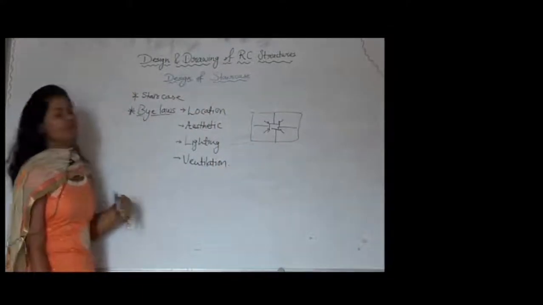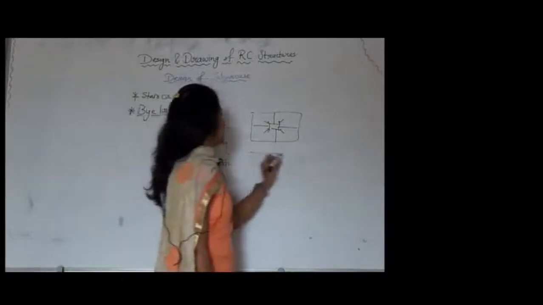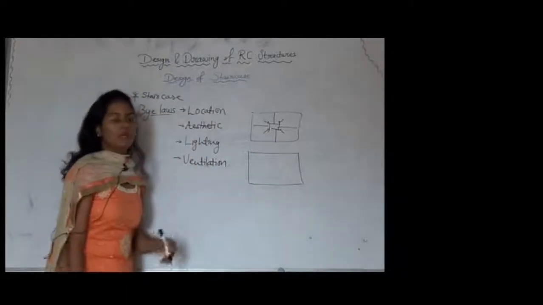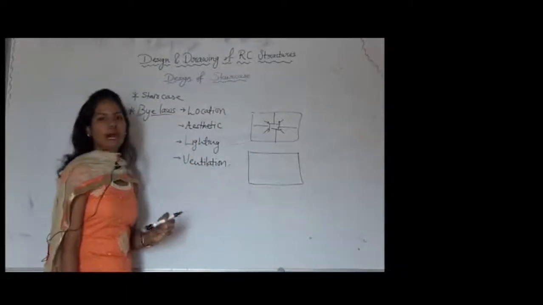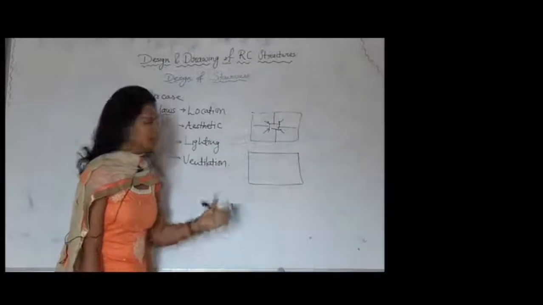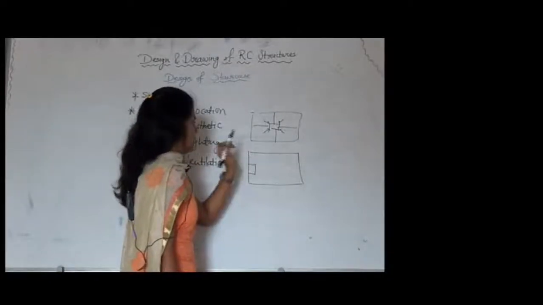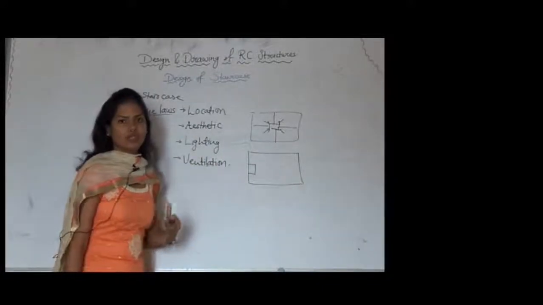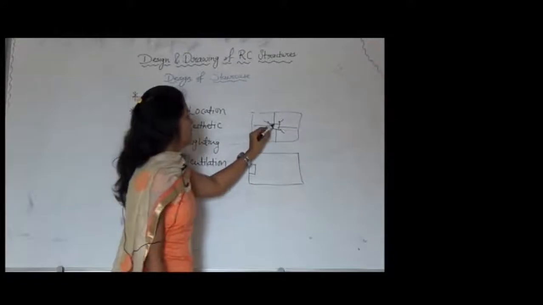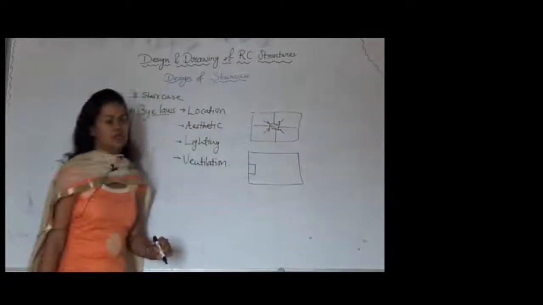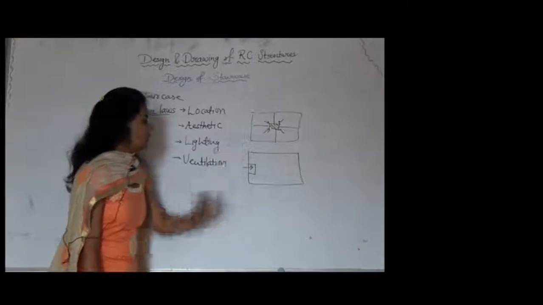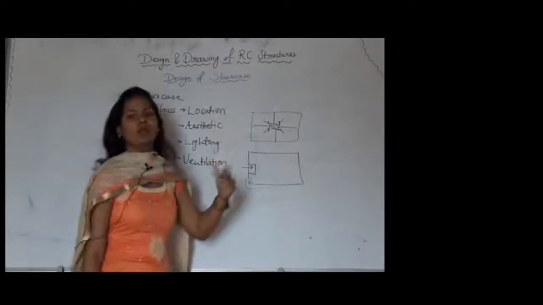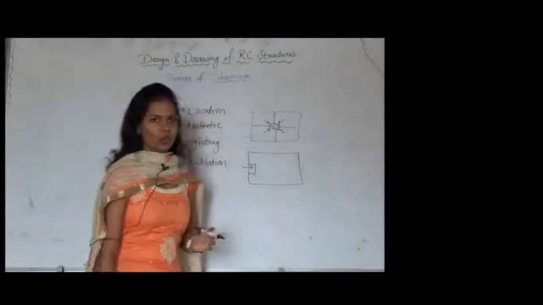Similarly, if we want to provide staircase in a commercial building, then we have to provide it near the entrance of the structure, so that disturbance to the entire structure is not created by an intermediate location, so that once we enter the commercial building we can easily move to the respective floor where we actually want to go.